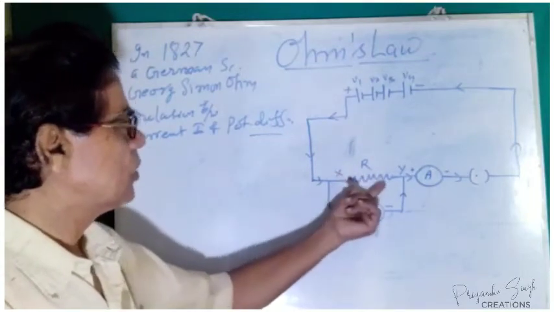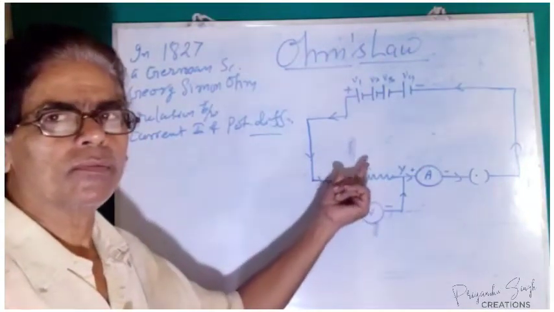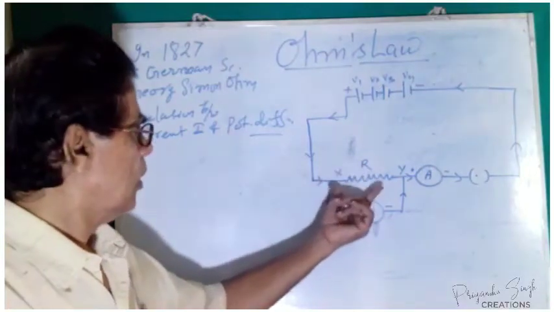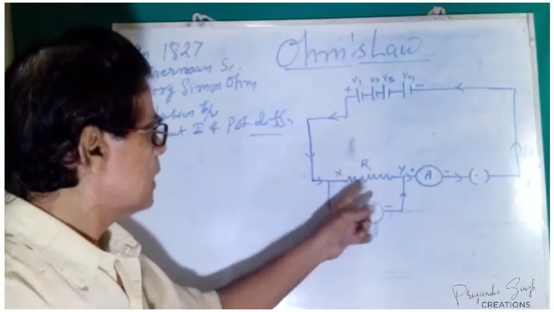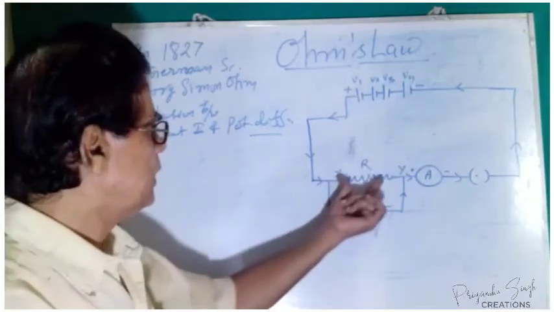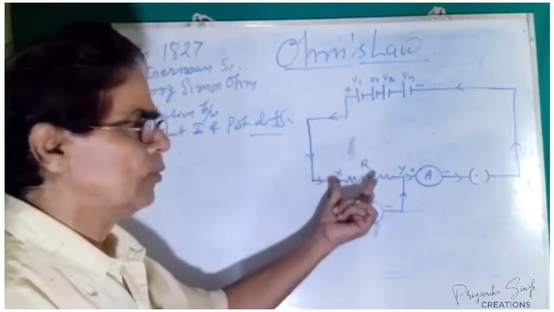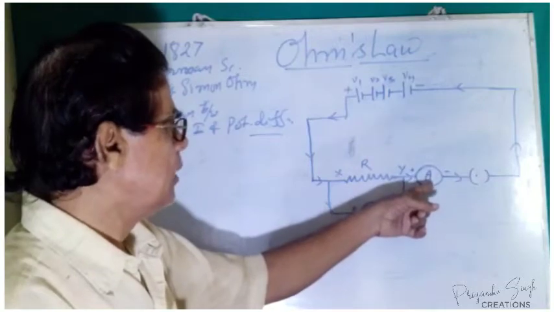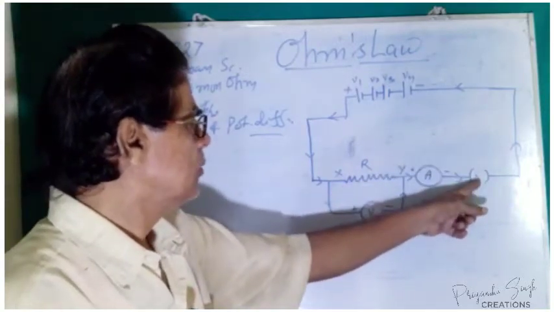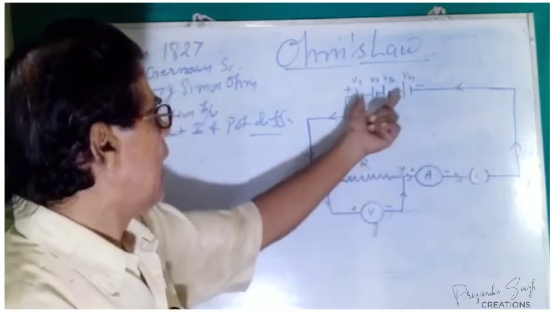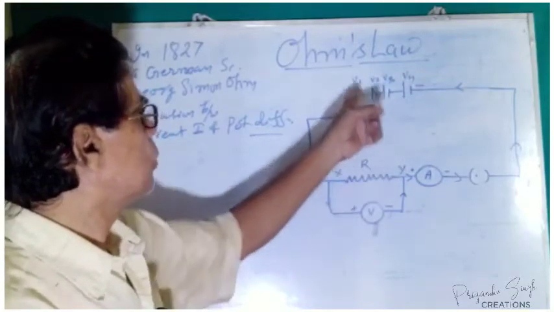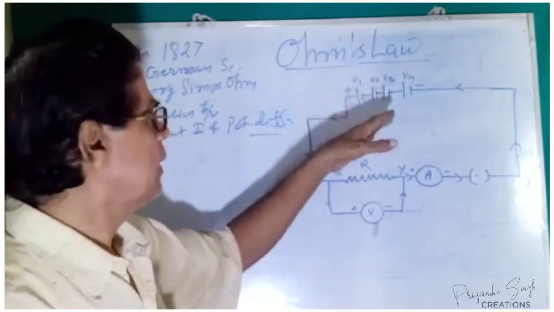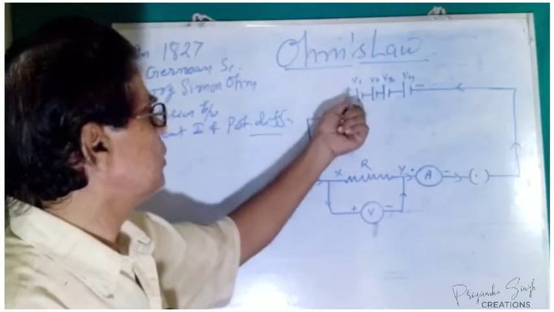Let R be the resistance or resistor, X and Y. It is connected in series along with an ammeter A, switch plug K, and the source of electric current, that is, a battery.